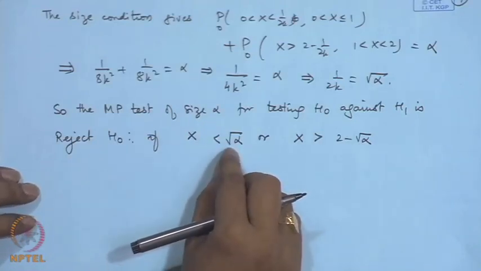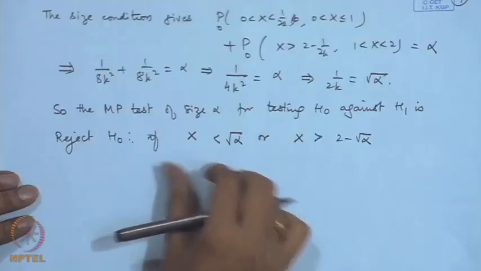Once again you note here that we are able to provide an exact test, that is, the test tells exactly what decision one has to take given a value of x.